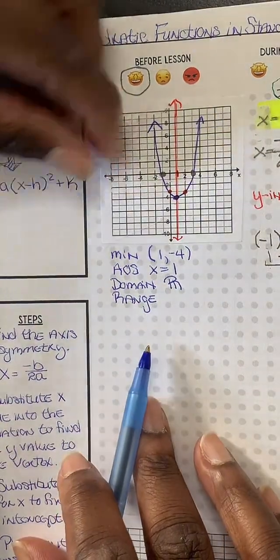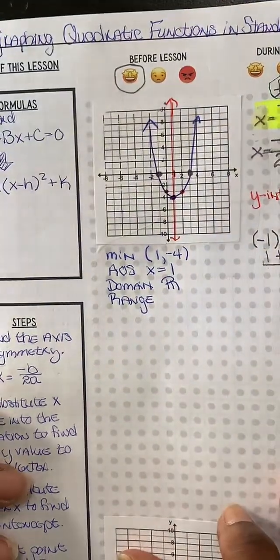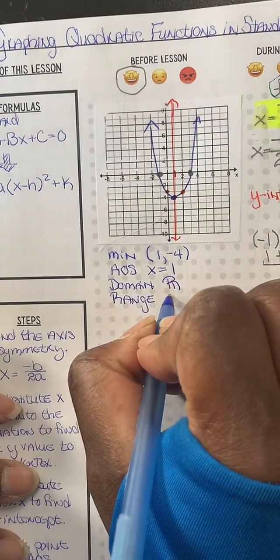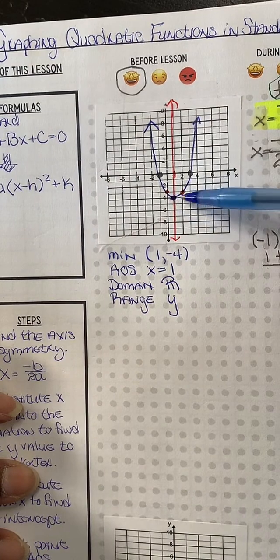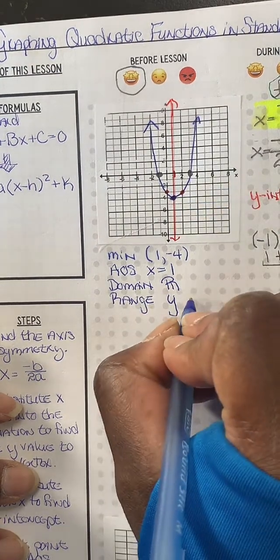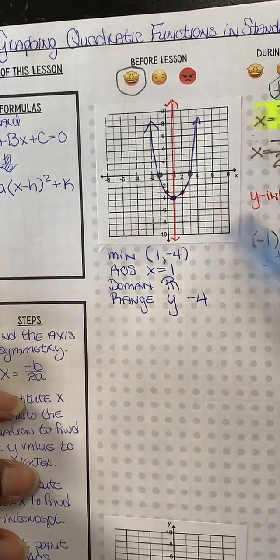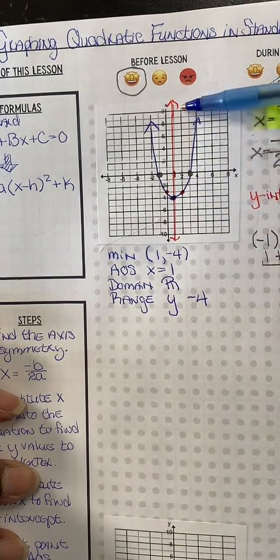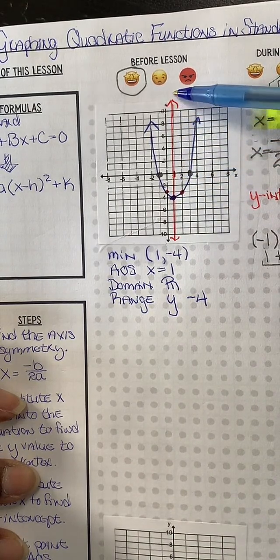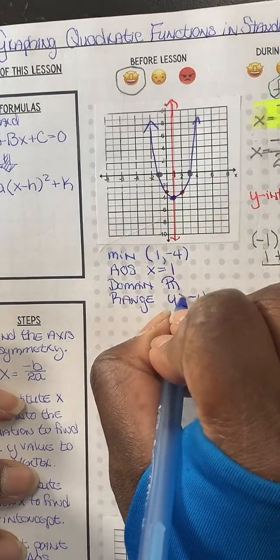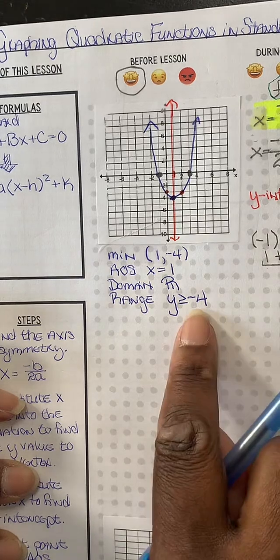So why not use the y value of your vertex to help you with your range? The range deals with the y's. And right now, my lowest y is at -4. Oh, look at that. It's the same as my vertex. Since it's going up, it's dealing with all the numbers from -4 all the way up to positive infinity. That means we're looking at numbers that are greater than or equal to -4.